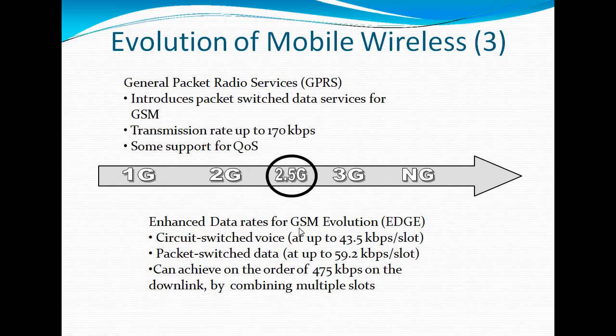They also enhance the data rate of GSM, which is the evolution of EDGE, which follows circuit switched and packet switched data. In circuit switched, the rate is up to 43.5 kbps per slot. In packet switched data, the rate is 59.2 kbps per slot. So they can achieve in the order of 475 kbps on the downlink by combining multiple slots.